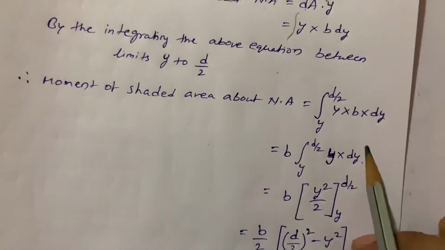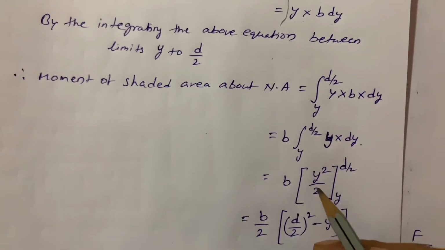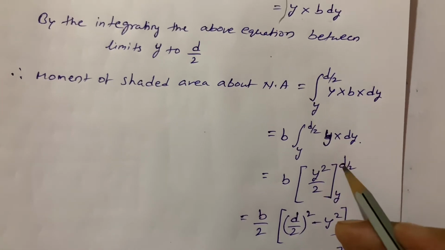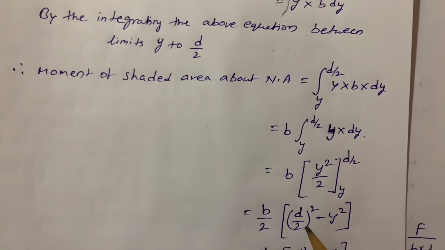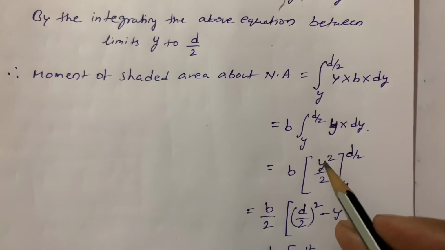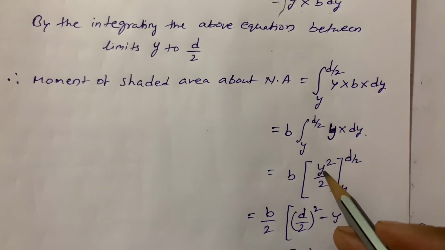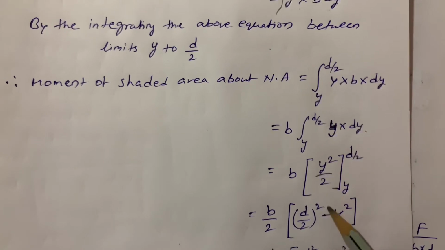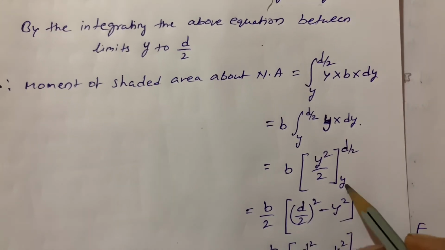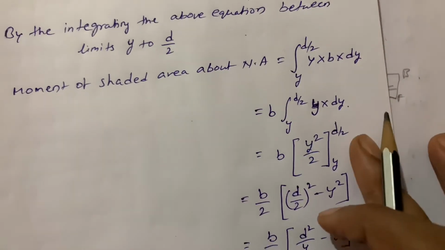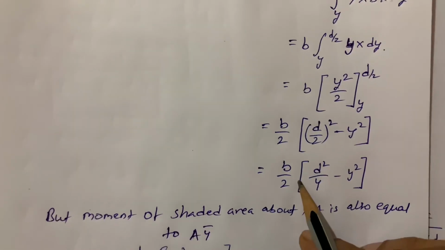The integral of x dx is y square by 2, with limits y to d by 2. Taking 1 by 2 outside, I substitute d by 2 in place of y, giving d by 2 whole square minus y square. After substituting these two limits, I got this value.